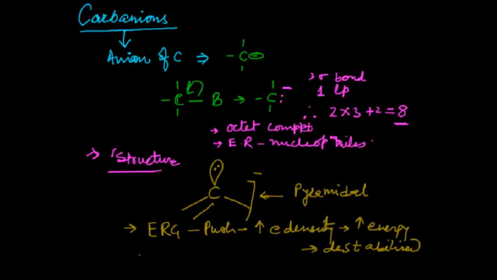On the other hand, if there is some electron withdrawing group, in that case what will happen?